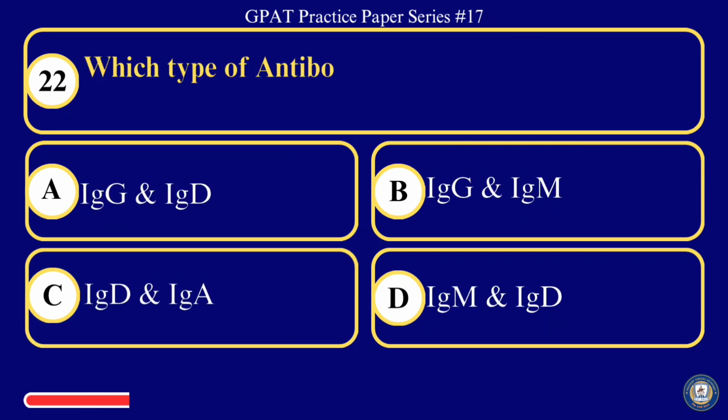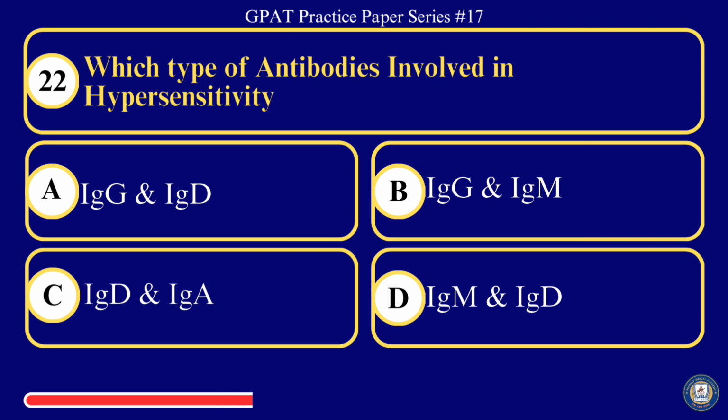Question number 22. Which type of antibodies are involved in hypersensitivity reaction? Your options are A. IgG and IgD, B. IgG and IgM, C. IgD and IgA, D. IgM and IgD.